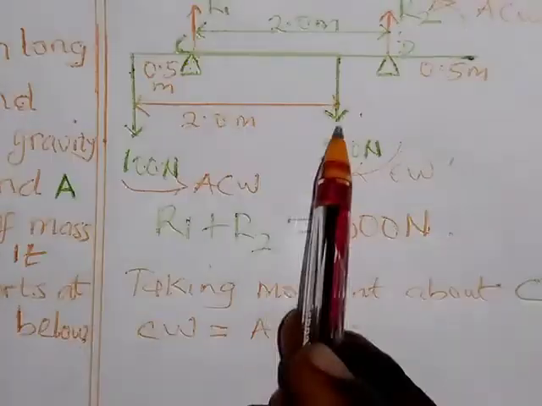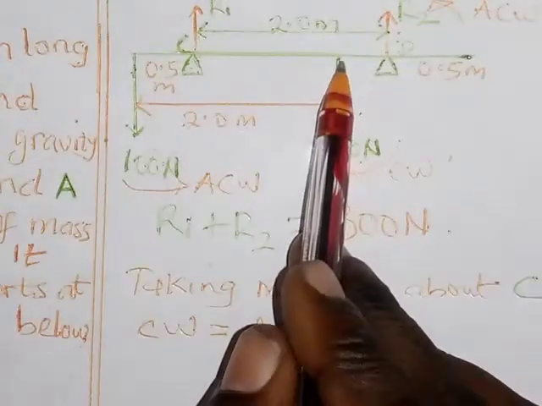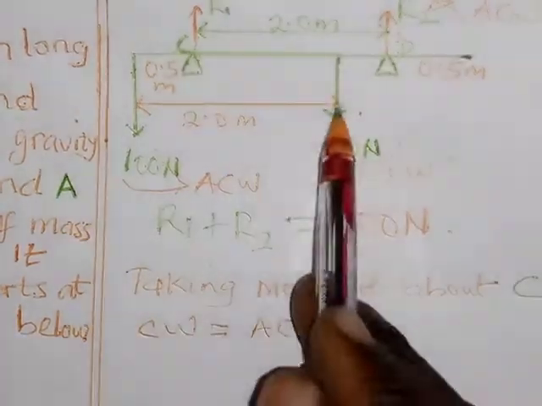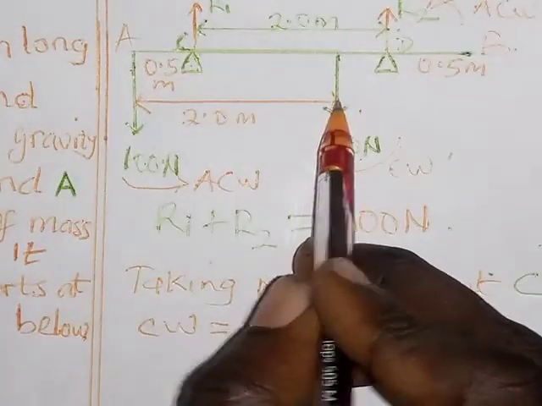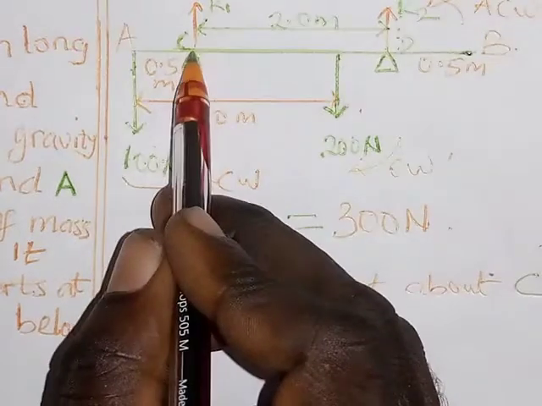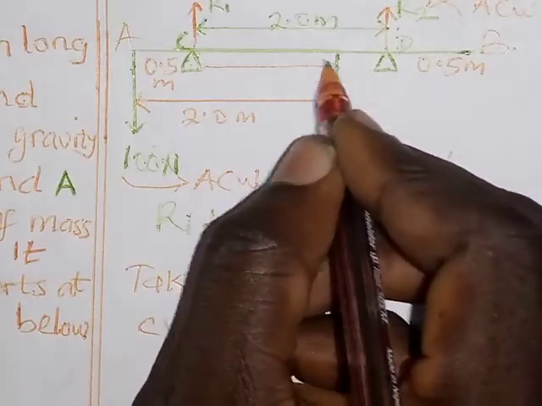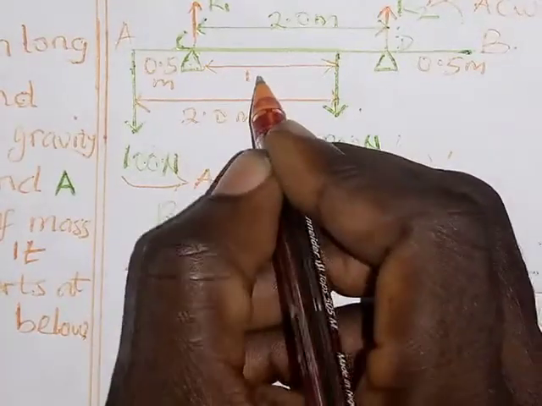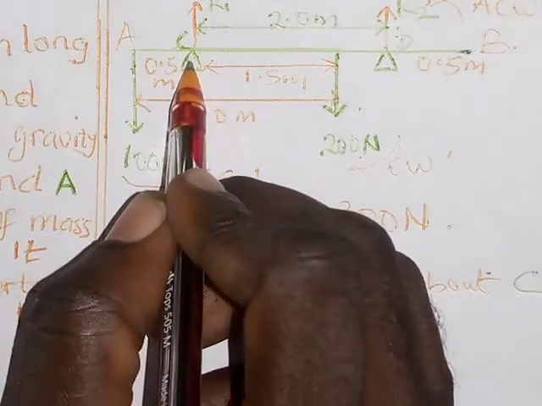Remember that the force of 200 Newton, which is the weight of this beam, is 2.0 meters from end A. This is my end A and this is my end B. Since from here to here is 2 meters, and from here to here is 0.5, the distance between this and this is 2 minus 0.5, and that gives us 1.5. This is necessary: you need to get the perpendicular distance from the point you are taking moment from.